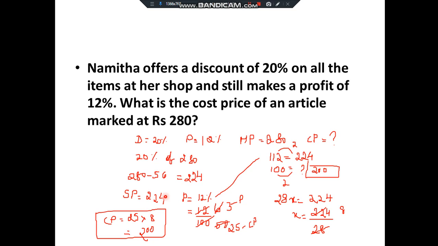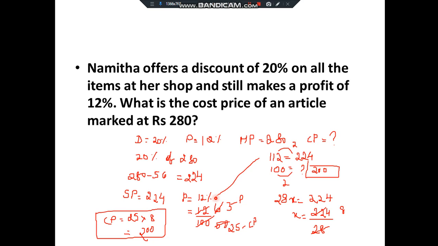Now they have told that even after selling she makes a profit of 12%. So if we find 12% for the selling price, we'll get the cost price, right? See, selling price value is given, and profit percentage is also given. So we can find the value of cost price. How will we find it?